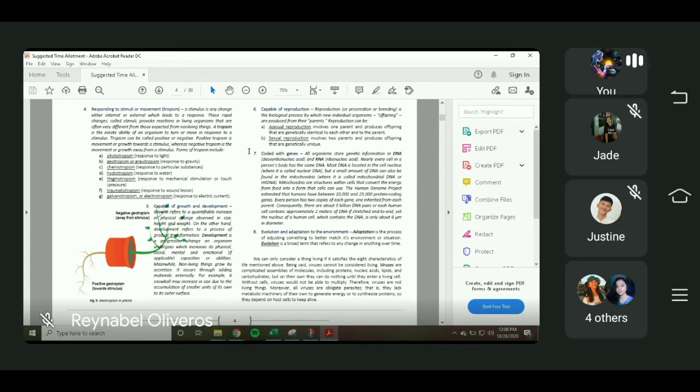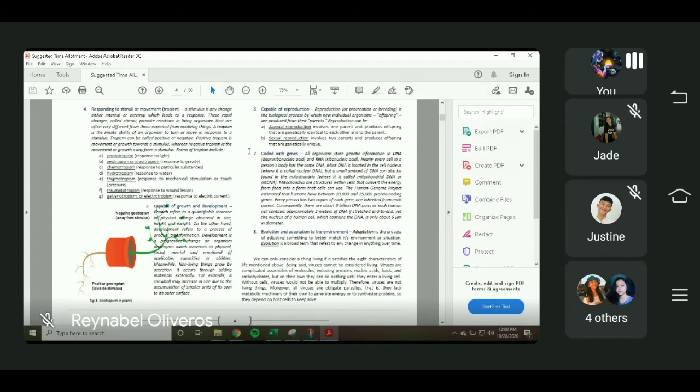'Di ba si sunflower, during daytime nakatingala siya o nakaano siya kay araw. Tapos kapag gabi na o kapag yung takip silim na, tumutungo na si sunflower. Because it has the ability to respond to the light. Same with us, 'di ba? Meron din tayong kakayanan na mag-respond sa liwanag. Okay? So, yun yung tinatawag natin na phototropism.